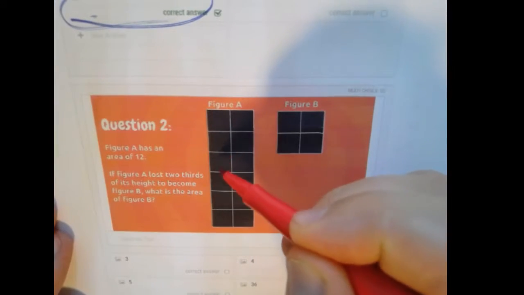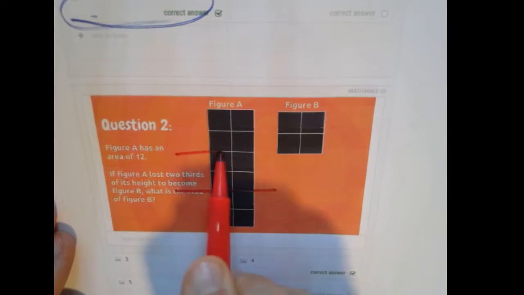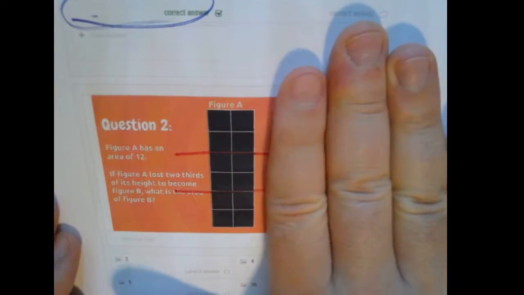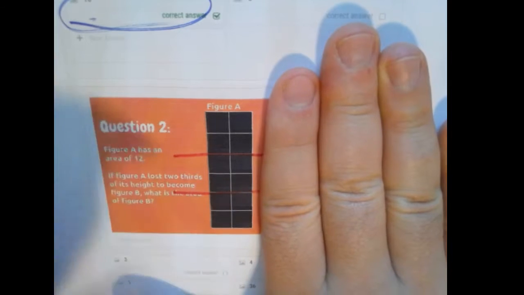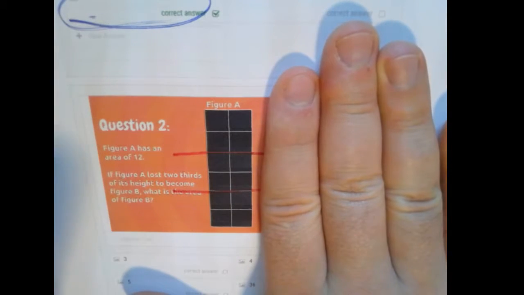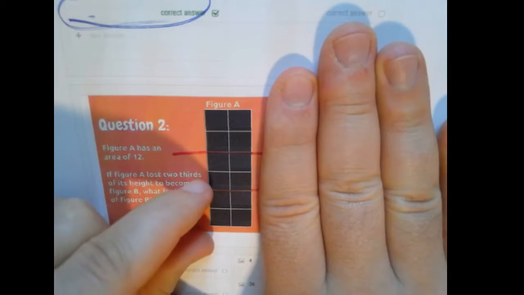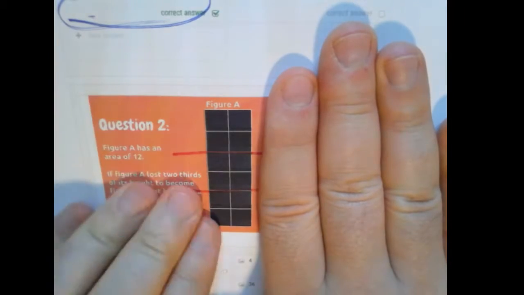Okay, so if there's a total of 1, 2, 3, 4, 5, 6, what is a third of 6? So I'm actually going to cut this into thirds. All right, so it currently has 1, 2, 3 thirds. It has all of its thirds. If it lost 2 of its thirds, what would be left?